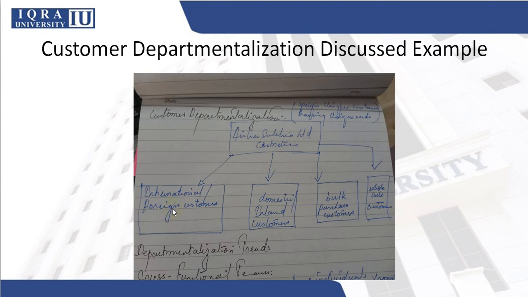So this is how customer departmentalization is done: due to the customers' unique needs, a company makes such departments which cater to different customer needs. This is the example I explained in class as well, and I think for reviving your concepts you can get the idea of what we have discussed.